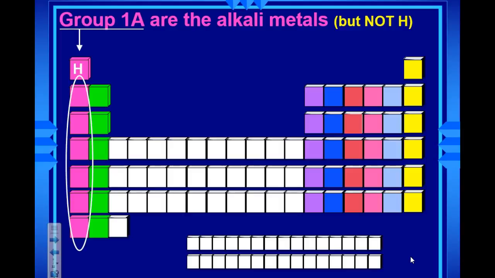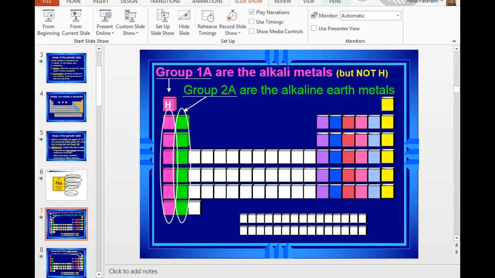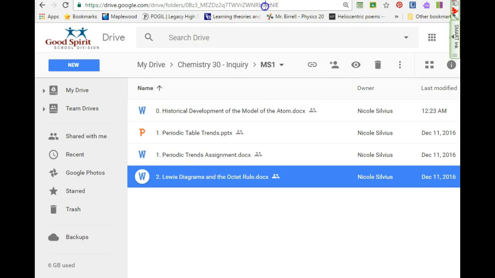Do you remember any of the properties of an alkali metal? They're earth metals? That's group 2. Oh, you don't remember this video? Can they be used in batteries? True.